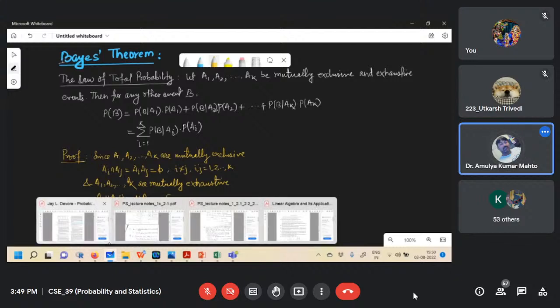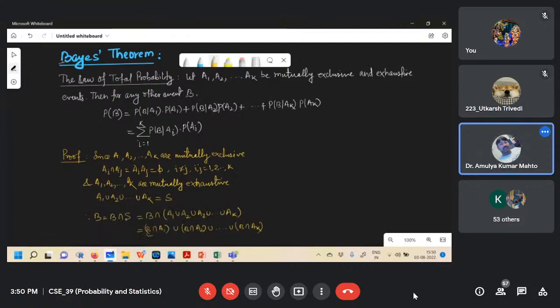And now, if you see each of these, since A1, A2, AK are mutually disjoint or mutually exclusive, if you take these intersections, B intersection A1, B is at most A1, so this will be A1 or less than A1, but it cannot exceed A1. Similarly, here it cannot exceed A2, and it cannot exceed AK.